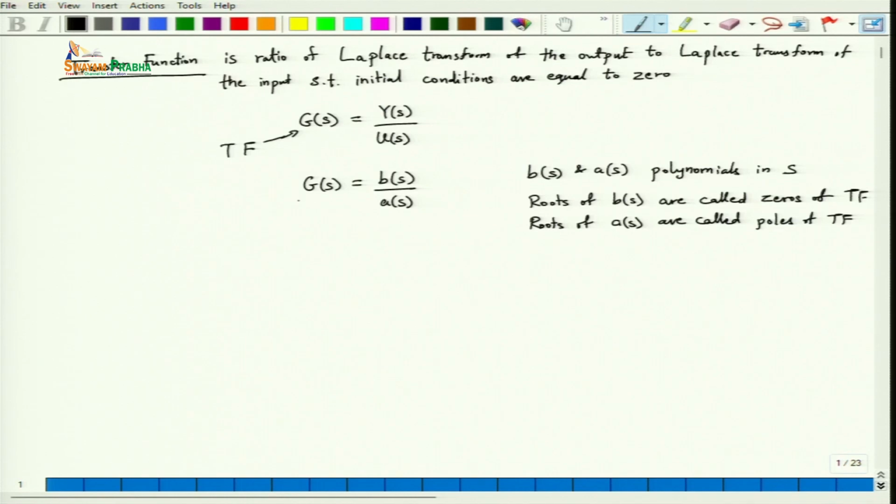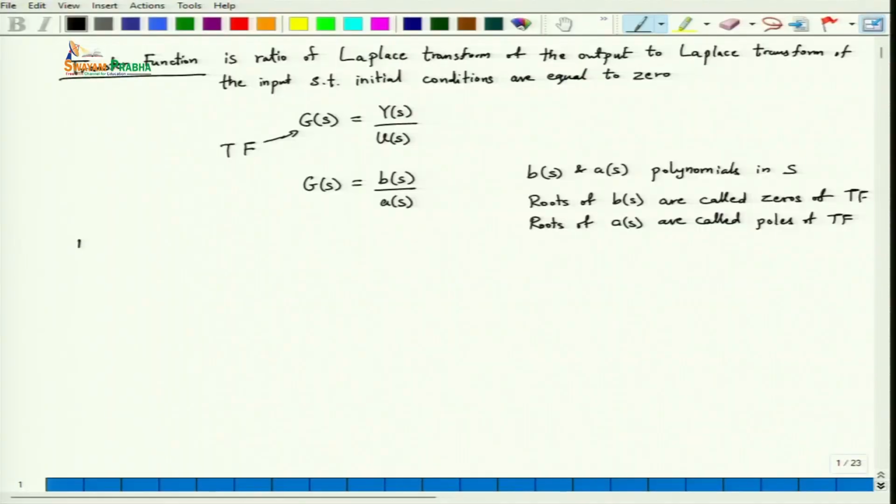So, this transfer function is the most standard representation of any system and is quite frequently used, and for the bulk of this course we will be using this transfer function representation.